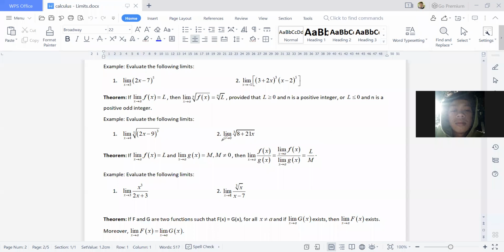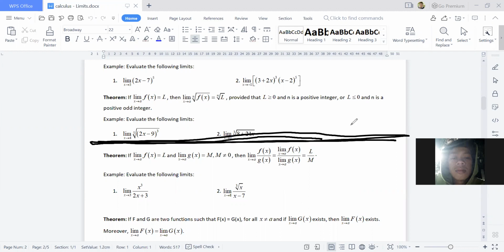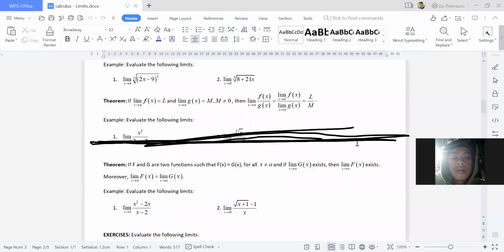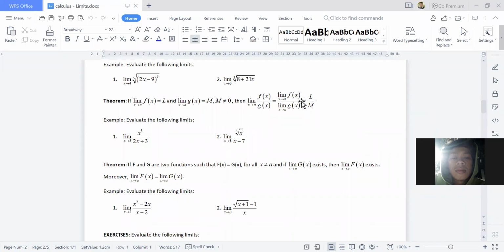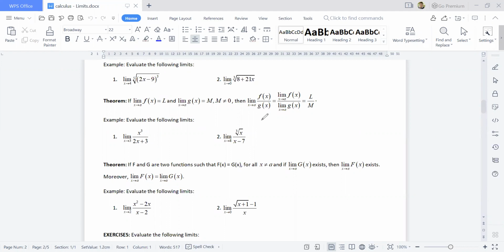The next theorem is where the beauty of limits begins. You will have it on Tuesday, but I want you to study in advance about this. It will also work for a quotient, but see to it that your denominator should not be equal to 0.